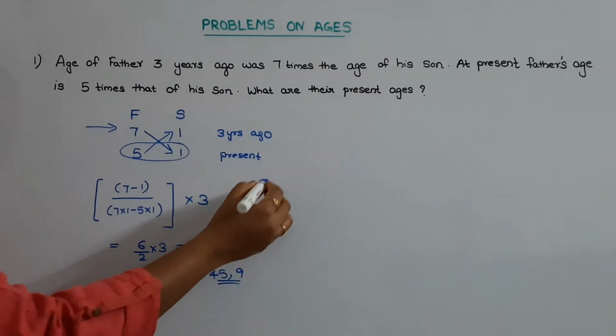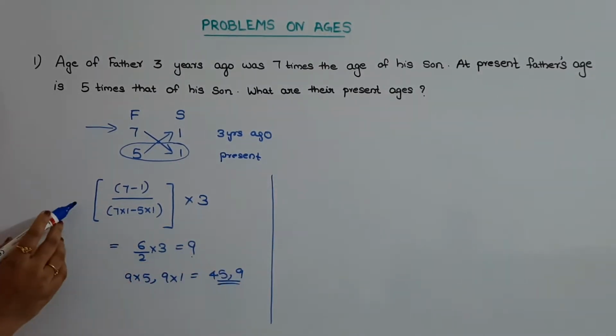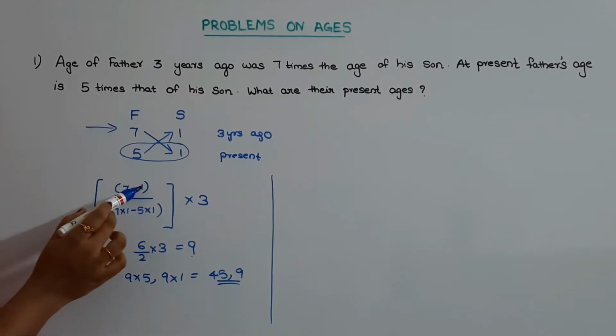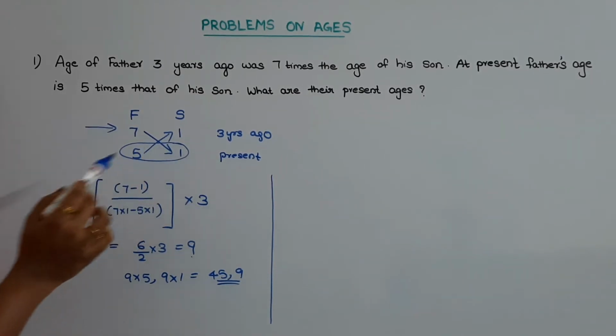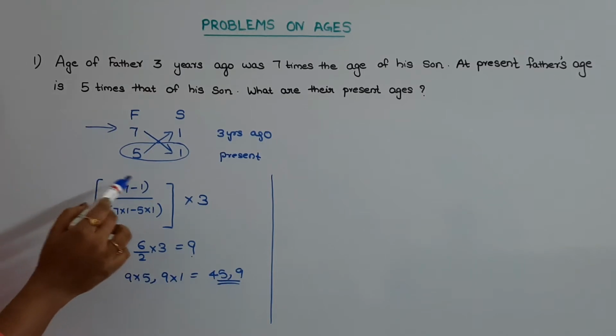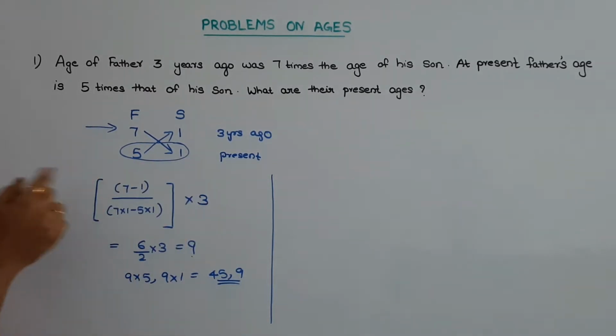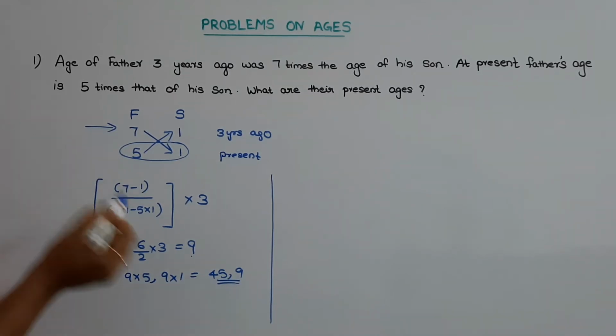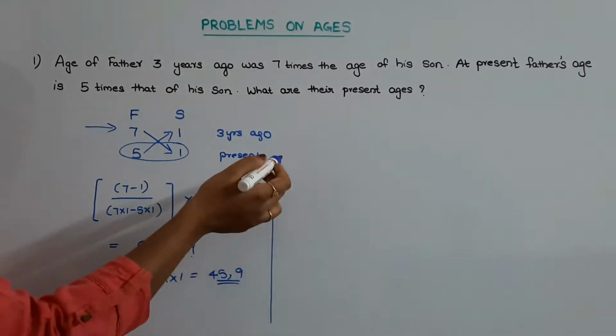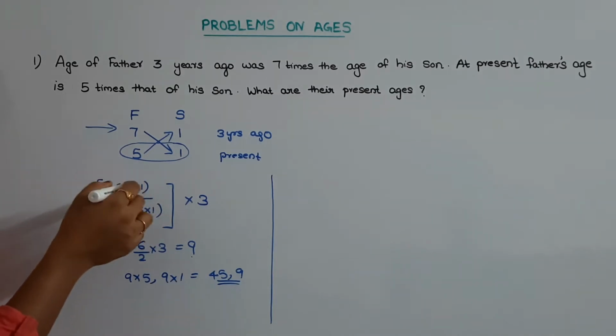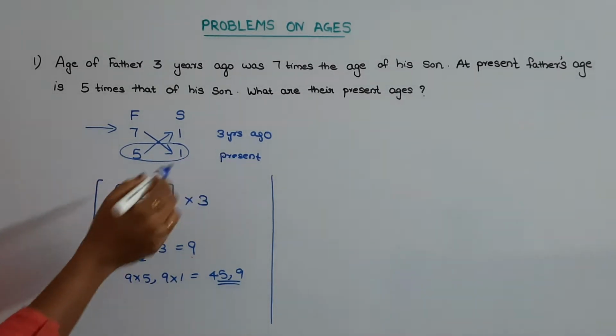Now you can solve this problem by taking the difference of the other ratio also. You can also take the difference in the ratio of their ages at present in the numerator. So let us see how to solve for the answer if you take in the numerator the difference of their ages at present.